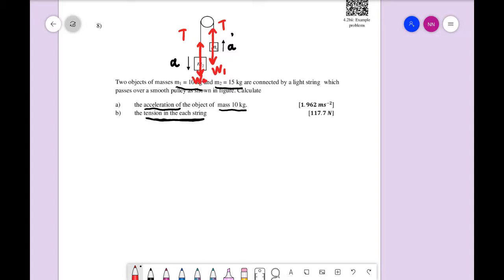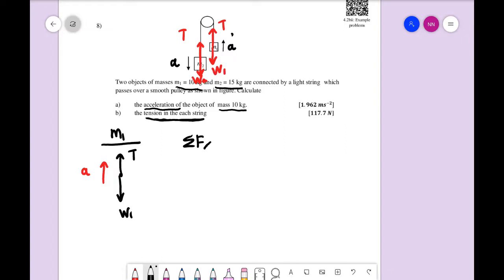Okay, let us solve by object. For M1, it has tension and weight 1, and M1 accelerates upward. Then we can apply Newton's law.